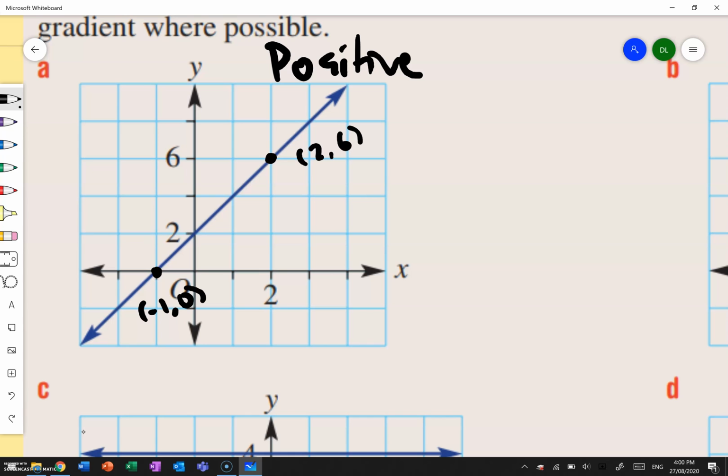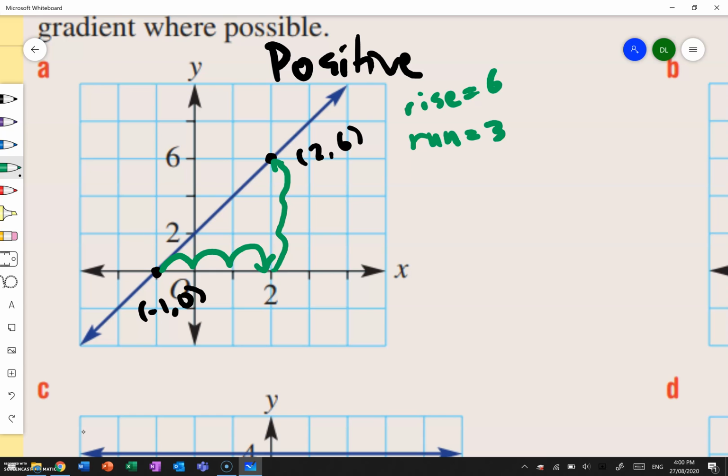How far has it run? Well, it's gone 1, 2, 3, so my run equals 3. And my rise looks like 1, 2, 3, but it's not actually 3, because if I look at the actual axes, it's gone up by 6. So from here to there is 6. My rise is 6.